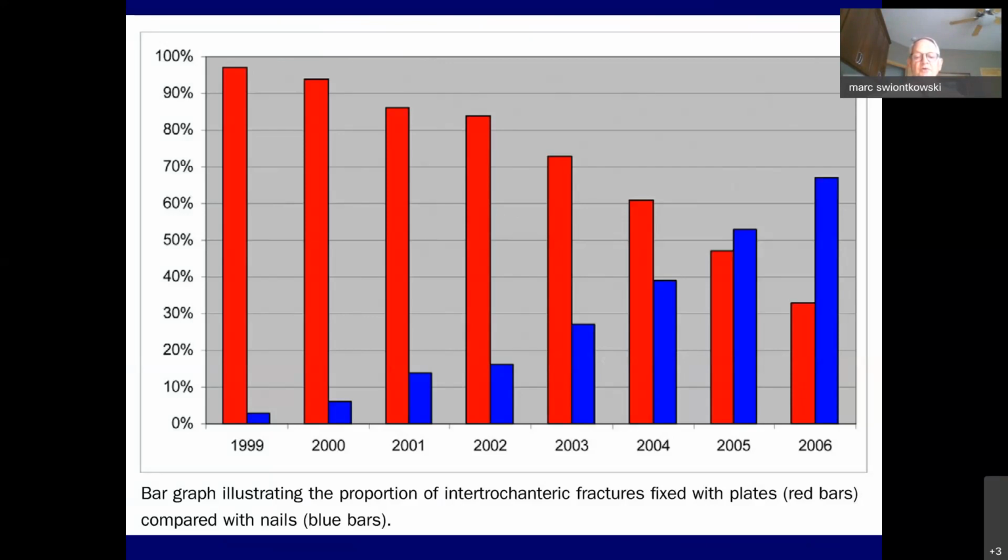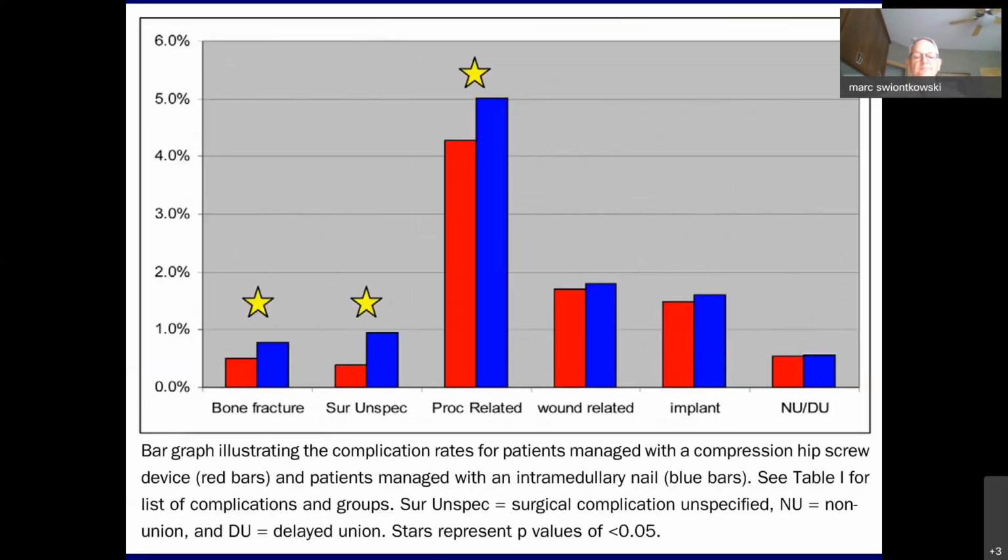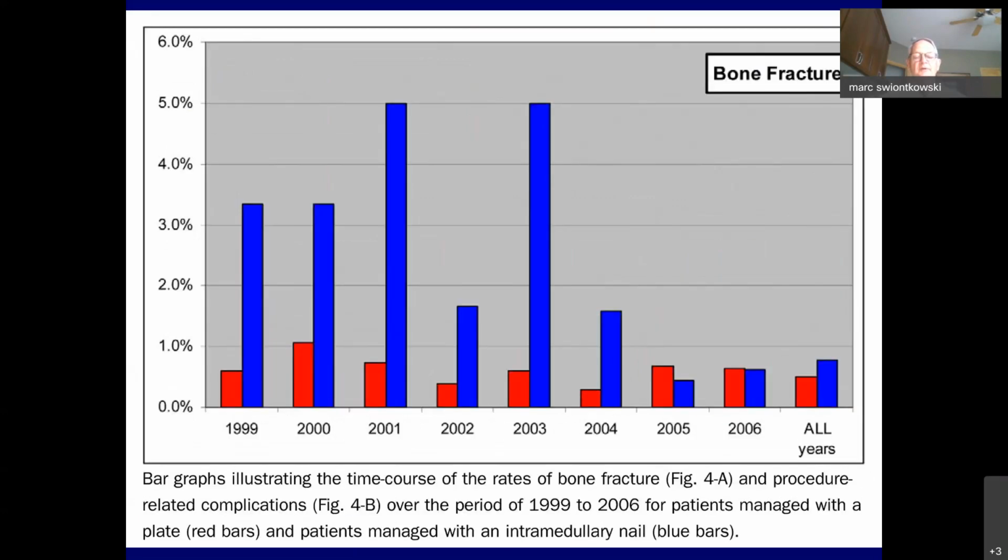It's been shown that the blood loss arguments, the operating time arguments, and the fluoroscopy time arguments are not accurate. I would advocate using a sliding hip screw for the stable, certainly for the stable A1 patterns and for the A2.1 patterns. This is just showing that the complication rates were higher with the intramedullary nail.